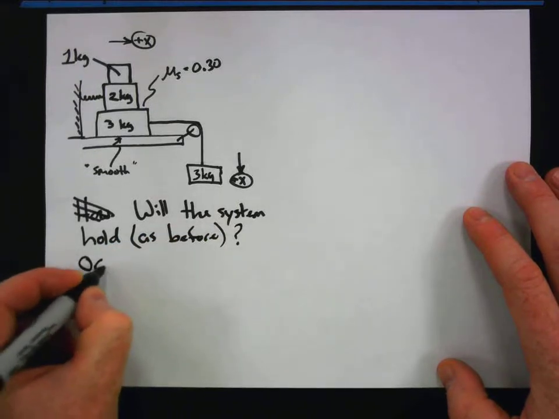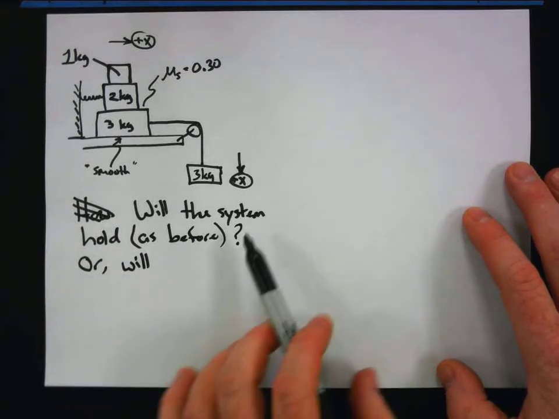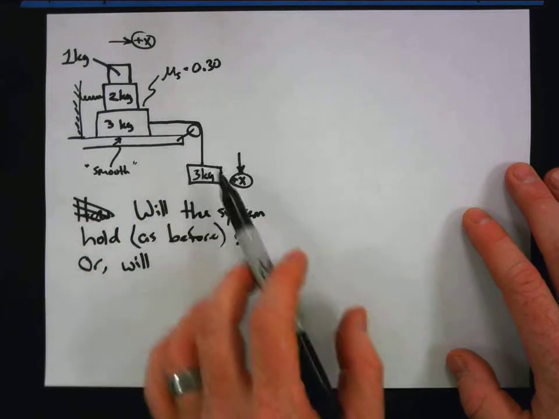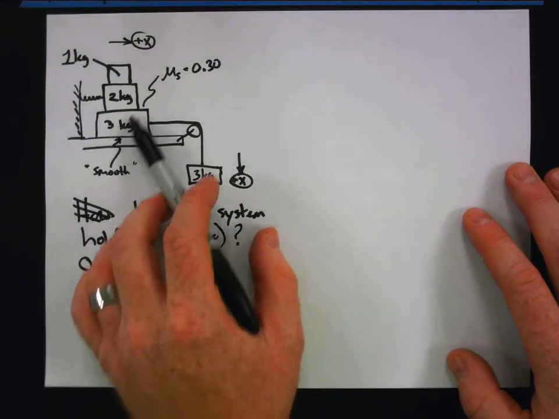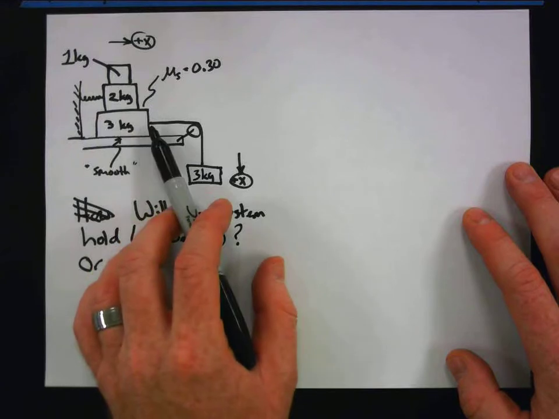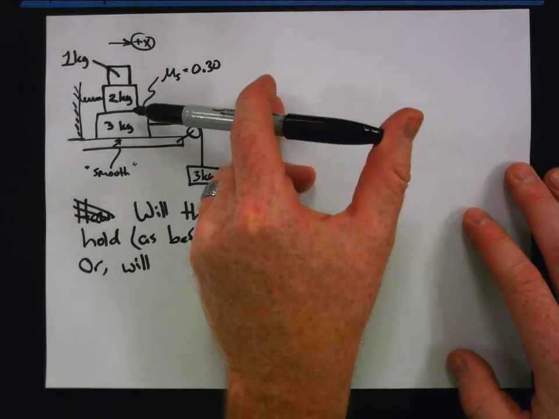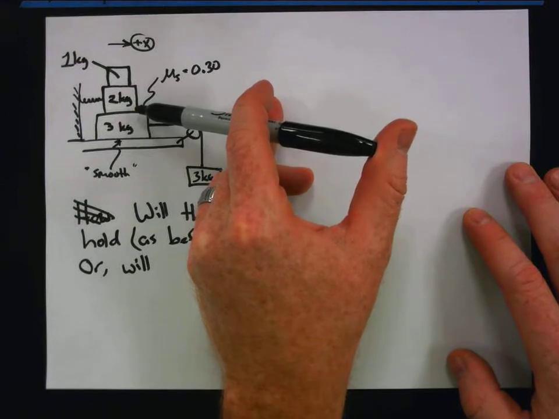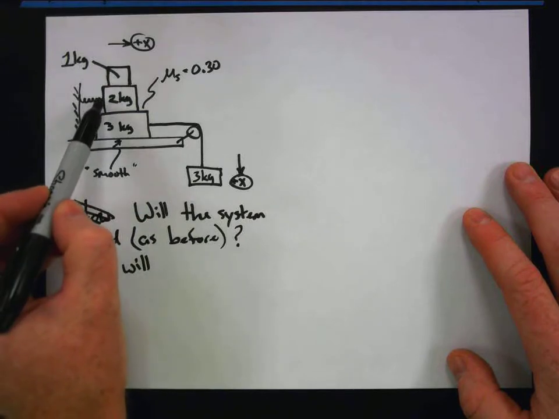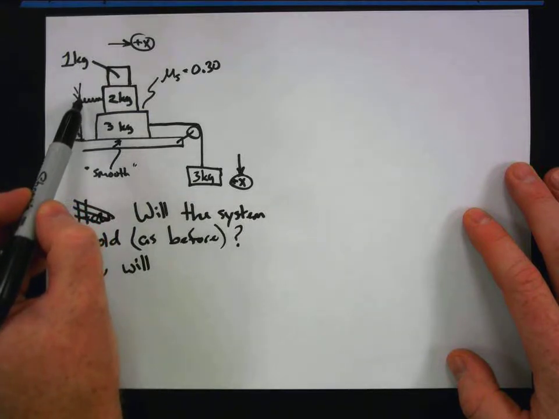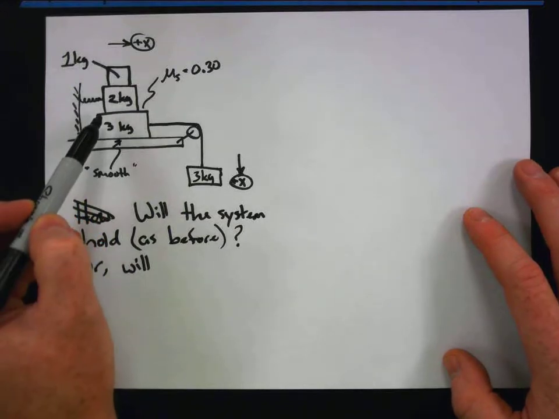In other words, when this is pulling down, creating tension here, and this whole stack of blocks wants to move to the right, the spring is stretching, the spring wants to pull back to the left. Friction between these two surfaces will either allow the system to hold together, or the spring will be too strong and pull to the left and sort of slide the 2 kilogram block off of the 3 kilogram block.